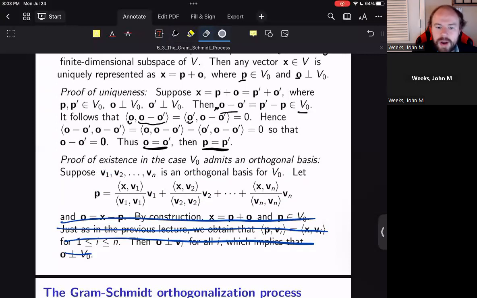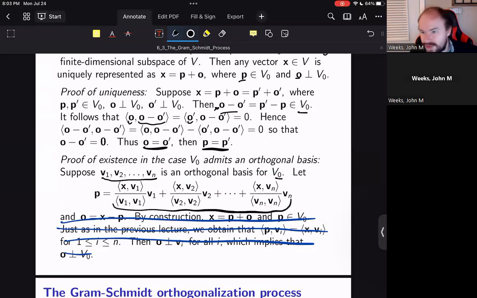We're going to take our projection of this vector. Let's take the vector x that we're looking at, and compose the following orthogonal projection for x. When v1 through vn form an orthogonal basis for v0, we're going to take this sum right here and add each of these things together.